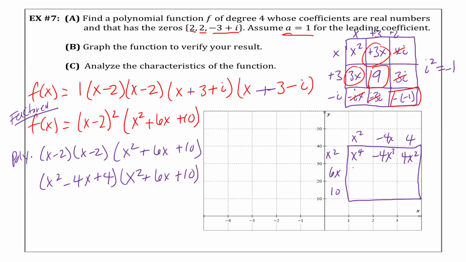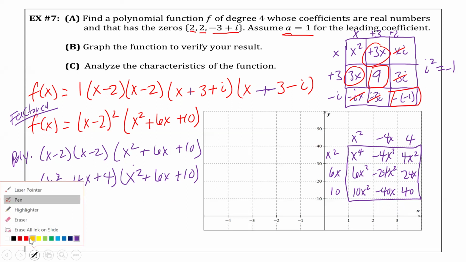X squared times 6x gives us 6x cubed. 6x times negative 4x gives us negative 24x squared. 4 times 6x gives us 24x. 10 times x squared gives us 10x squared. 10 times negative 4x gives us negative 40x. And 10 times 4 gives us 40. Every term in the first trinomial by every term in the second trinomial.